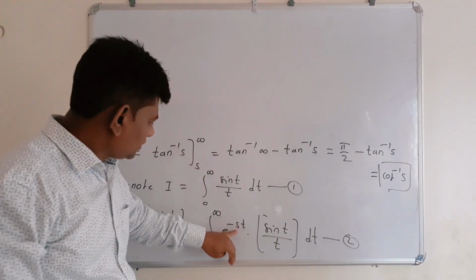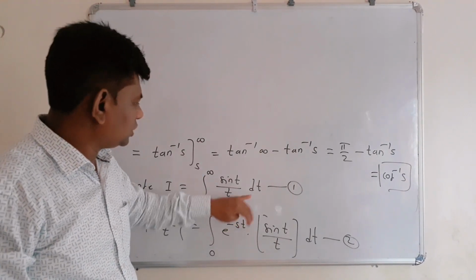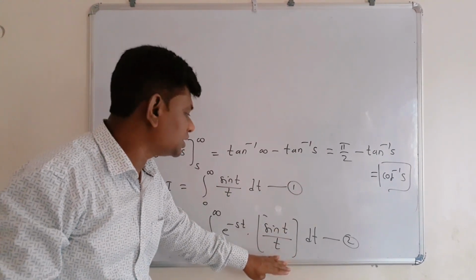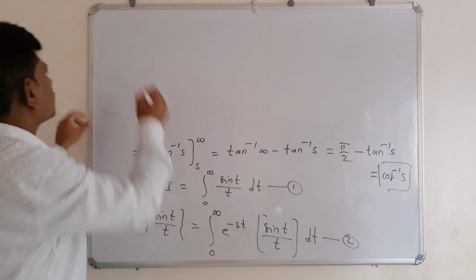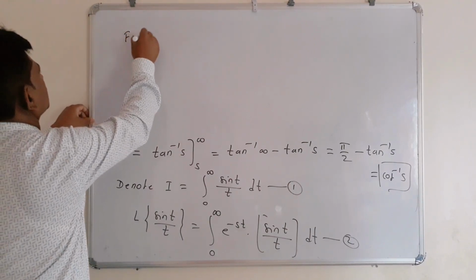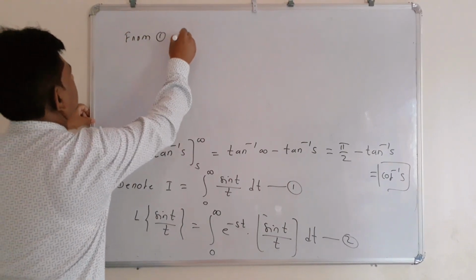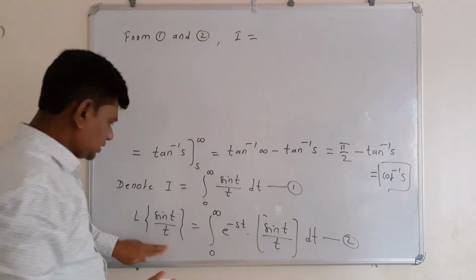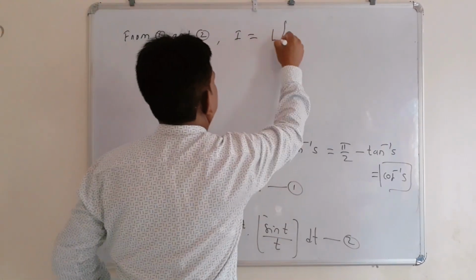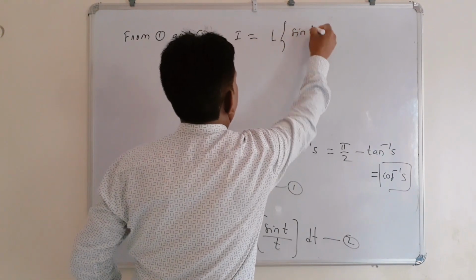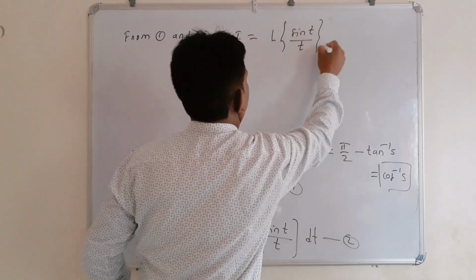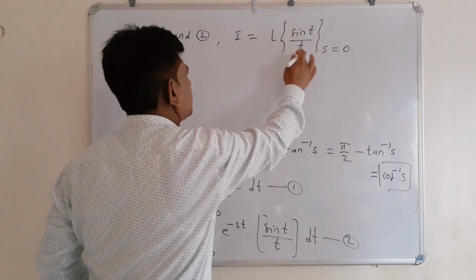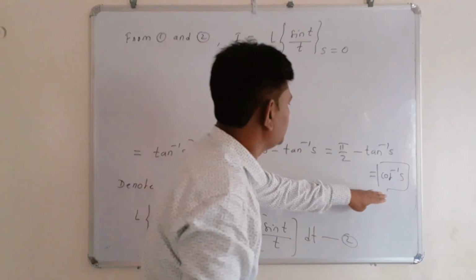Now if s is equal to 0, then the integration in 1 is equal to the integration in 2, and therefore from equations 1 and 2, this integration I is equal to the Laplace transform of sin t upon t at s equal to 0, and the Laplace transform of sin t upon t is cot inverse s.